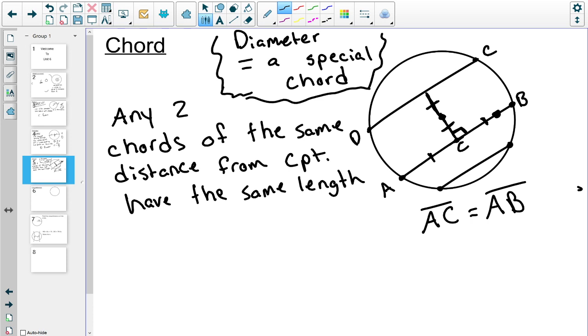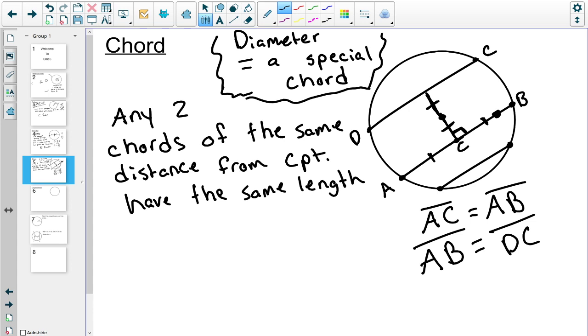Well, then we know, since these are the same distance from the center point, that line AB is going to be congruent to line DC. So think about how that makes sense. Because we said earlier, the further you get away from the center point, the shorter the chord is, and the closer you are, the longer it is. But if the distances are the same, the lines are the same. And we'll do a problem about that here in just a moment.